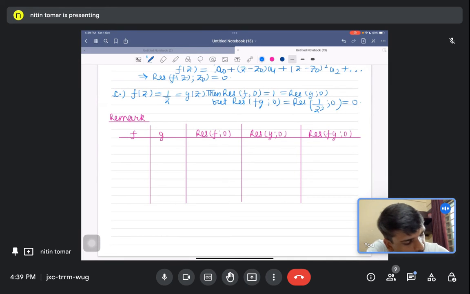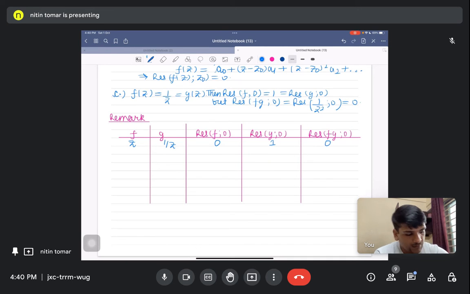So if you choose your f to be z, and then let's say 1 by z square or 1 by z, then the residue here is 0, right? Here residue is 1. But the product will have residue 0. So here equality is established, right, Darshana?